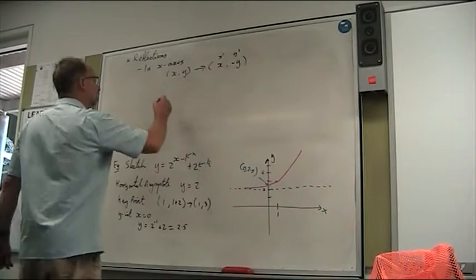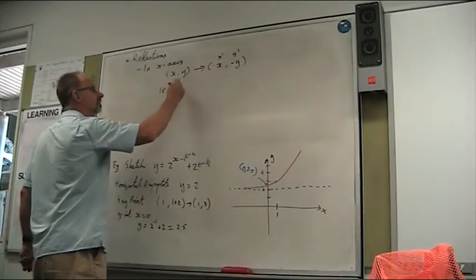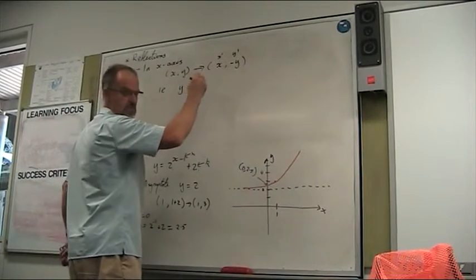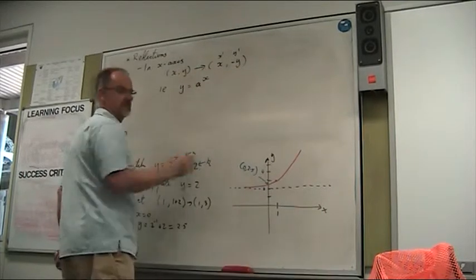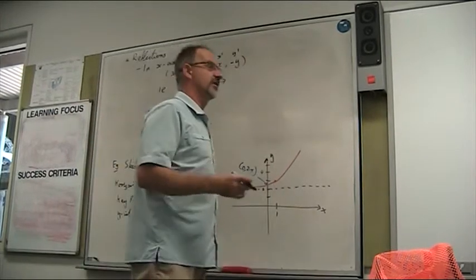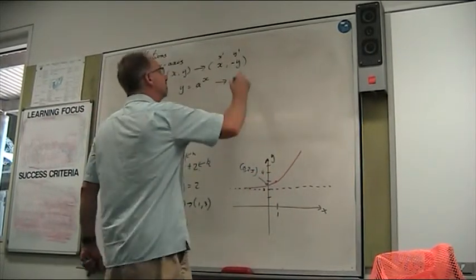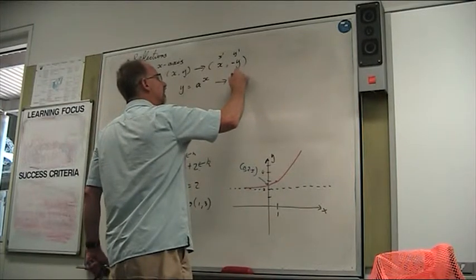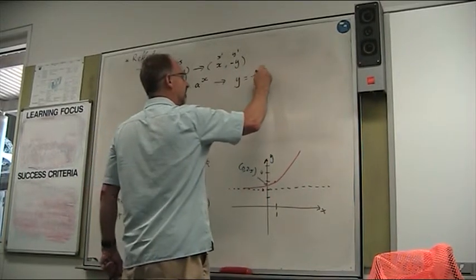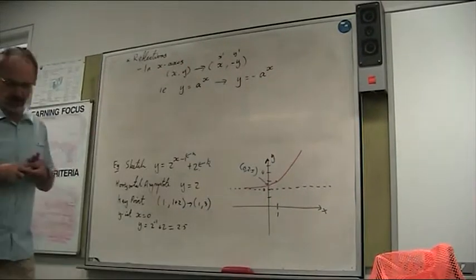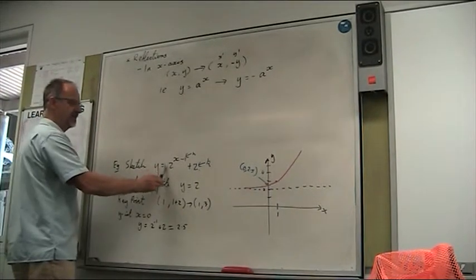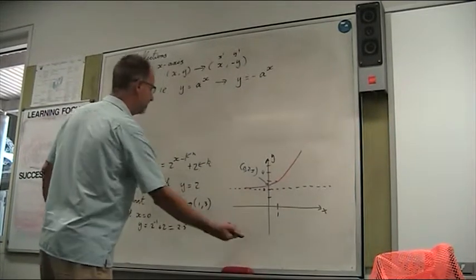So the way that appears in the equation, if the equation is y equals a to the x, that will be transformed, once we change y to negative y, then divide up everything by negative 1, it ends up looking like this. So if you've got a negative out the front of all of this stuff here, it's a reflection.